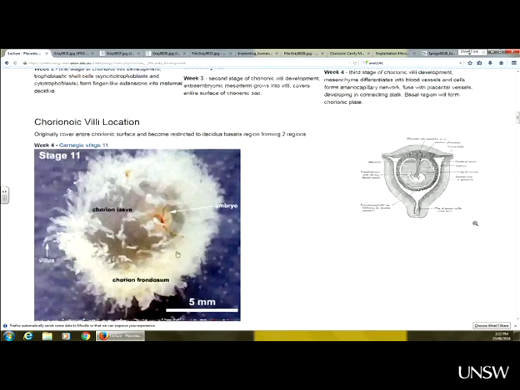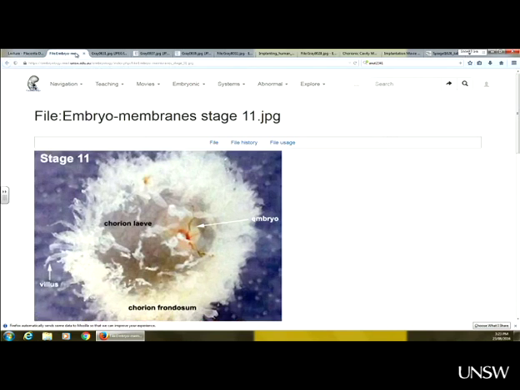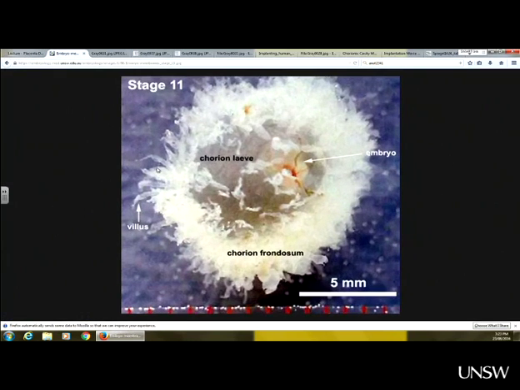So the villi, following implantation, are originally over the entire surface of the conceptus, and this is a human stage 11, so this is in week 4 of development. You can just make out the embryo here, lying inside the chorionic sac. And these white structures on the surface are the individual villi.